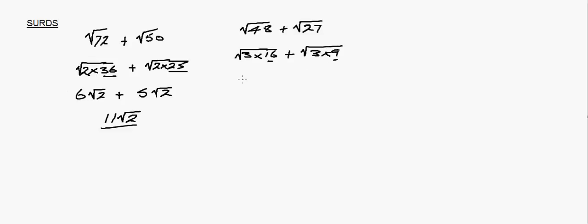Square root of 16 is 4, so I'm left with 4 and the root 3 inside, plus square root of 9 is 3, leaving me the root 3 inside. Now if I've got 4 root 3's and 3 root 3's, then I have 7 root 3. Okay, so this is not difficult at all. So if we're adding them, we need to convert them to the same root.